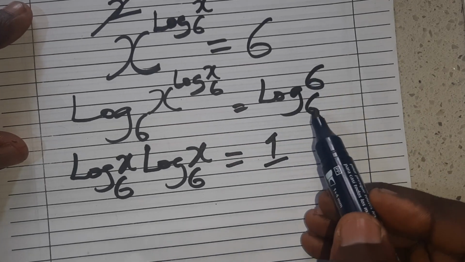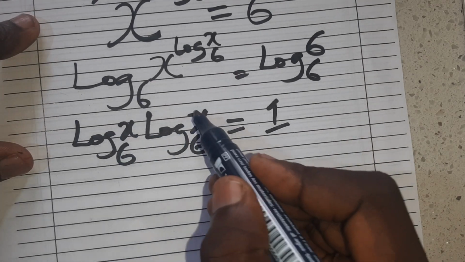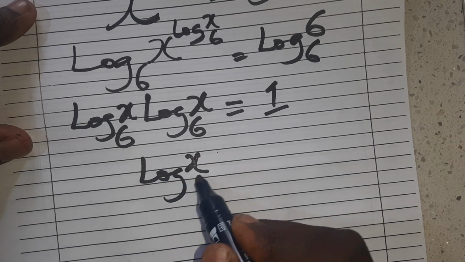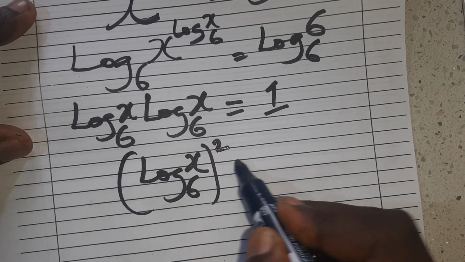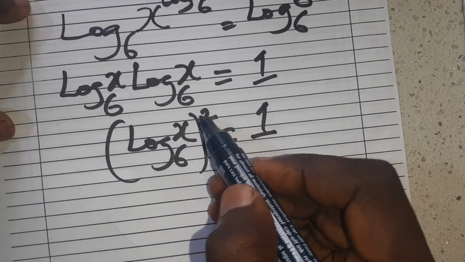Remember, when the number and the base are the same, it simplifies to 1. And here, log x base 6 times log x base 6 gives you log x base 6 all raised to power 2 equals 1.